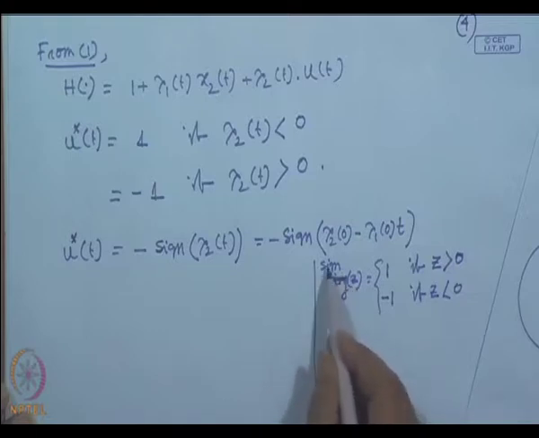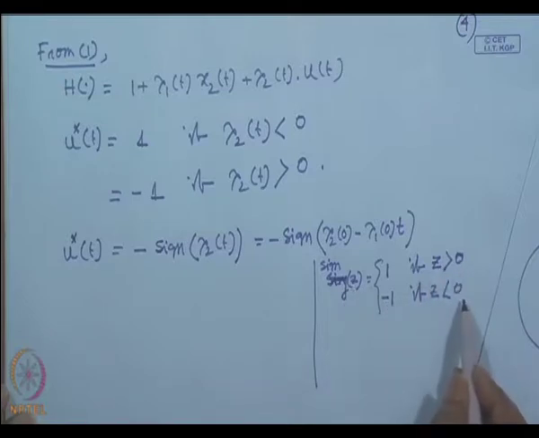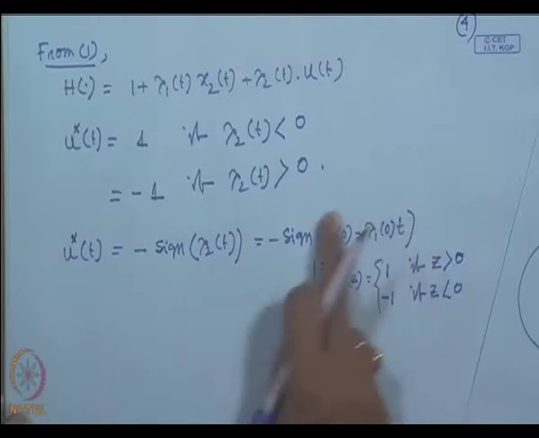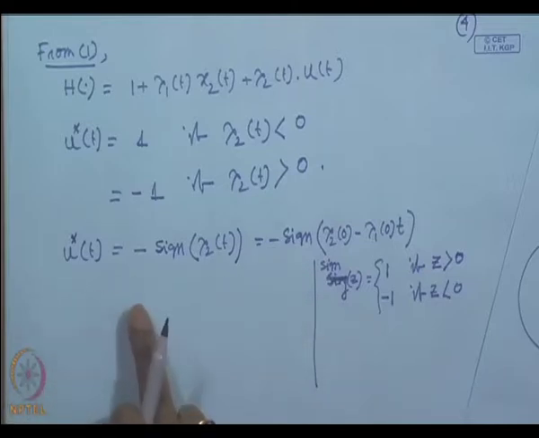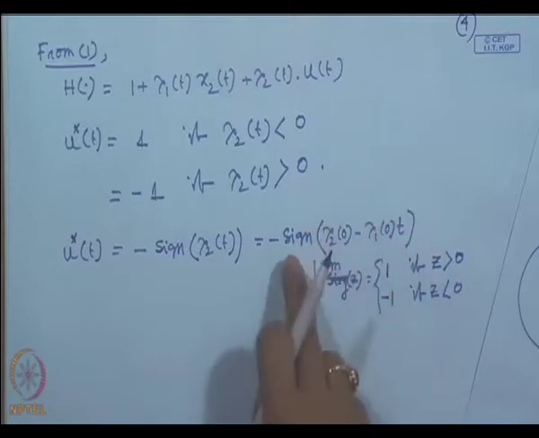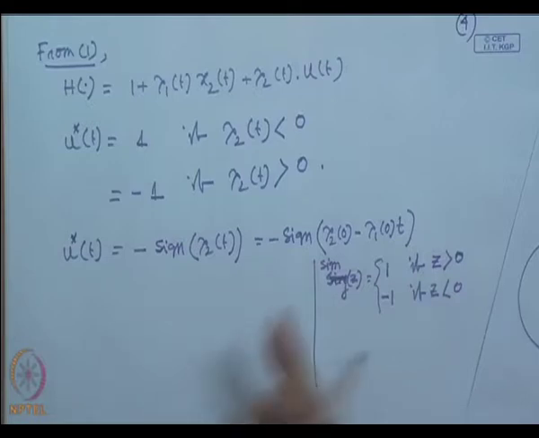So the value of sign of z will be 1 if z is greater than 0, and minus 1 if it is negative. So it is switching only; u is switching to plus 1 or minus 1. When this quantity is positive, u switches to minus 1, and when this quantity is negative, u switches to plus 1. So our control action is a switching control law, either plus 1 volt or minus 1 volt, or 1 unit or minus 1 unit.